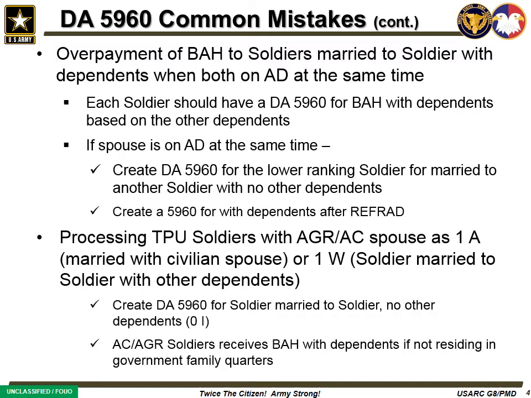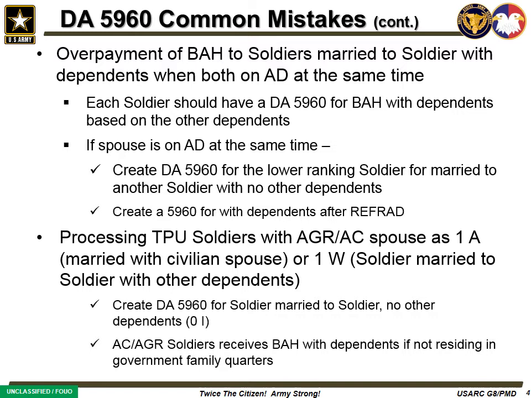When only one of them is on active duty, that soldier will receive BAH with dependents based on the other dependents. When both soldiers are on active duty at the same time, only one is entitled to BAH with dependents. Before processing the order for pay, you must create a DA Form 5960 for the lower ranking soldier and answer yes to married to another soldier and no to other dependents.